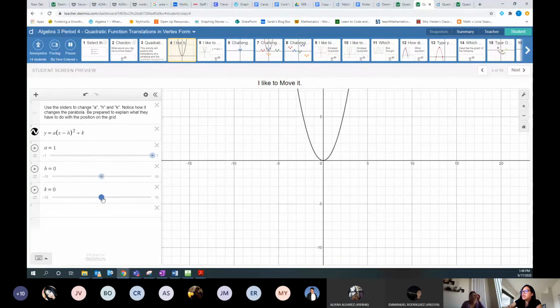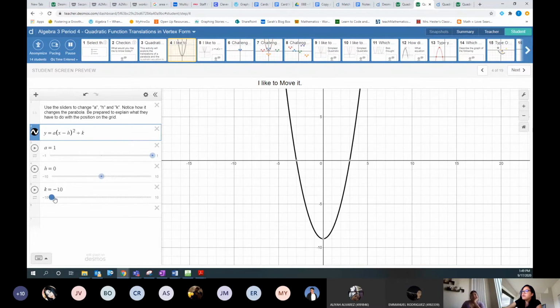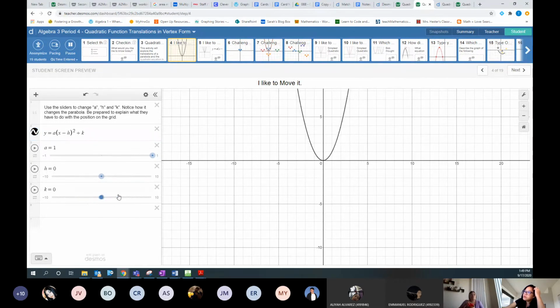And then the K is outside the parentheses. What happens if I move it closer to 10? Where does it go? And then if I move it to the negative side, where does it go? So you have to pay attention to this.